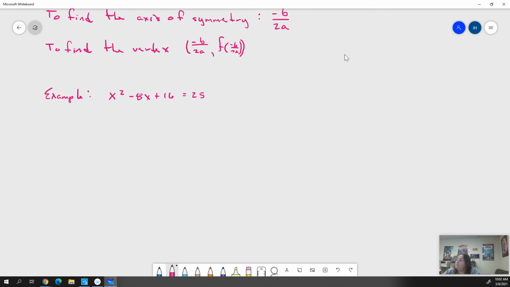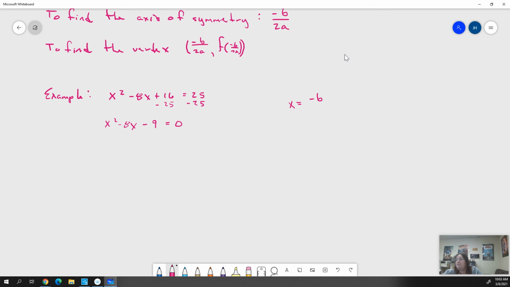So I need to subtract 25 from both sides, because remember, we have to set it up equal to 0. And I will get x squared minus 8x minus 9 equals 0.